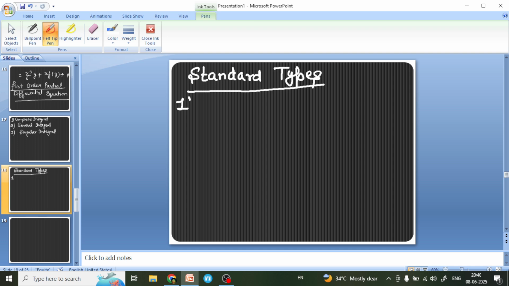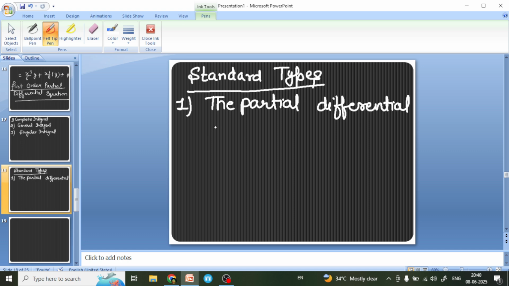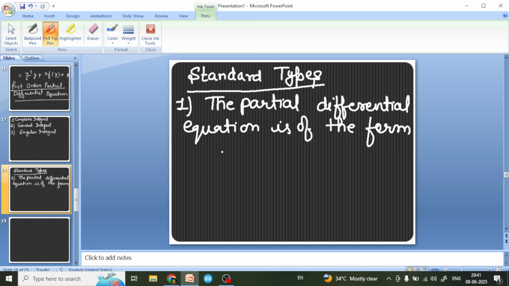The first standard type is when the partial differential equation is of the form f of p, q equal to 0.